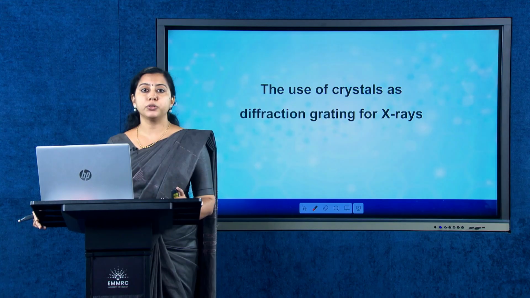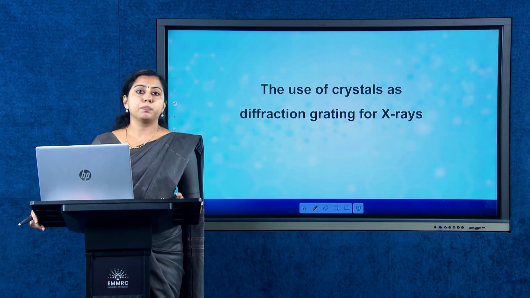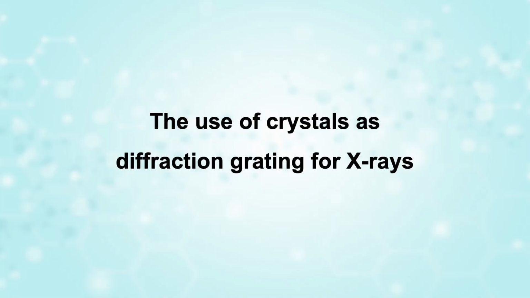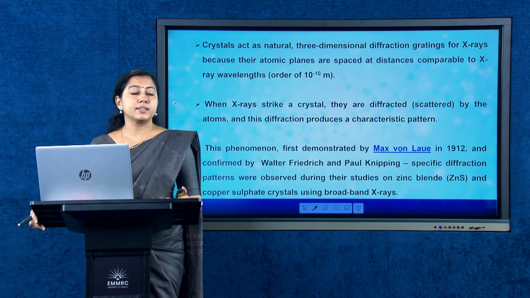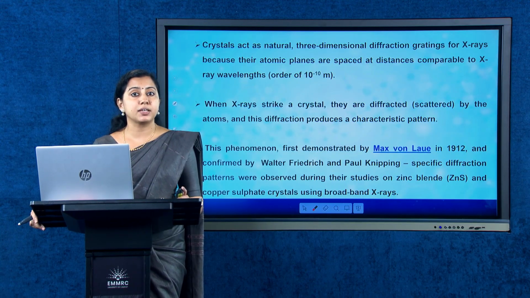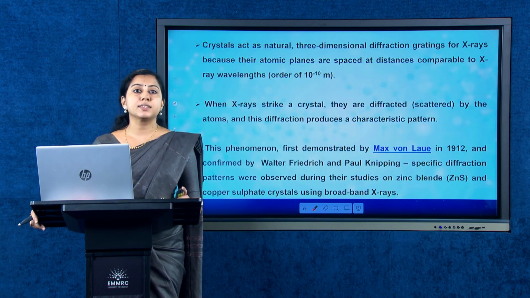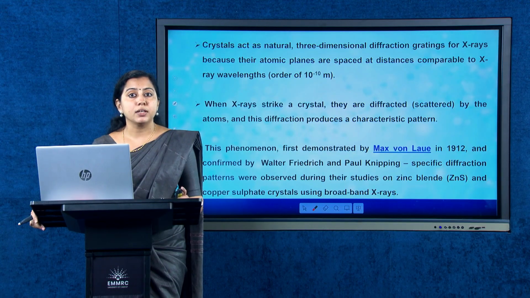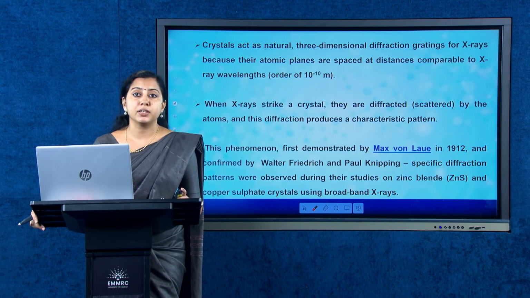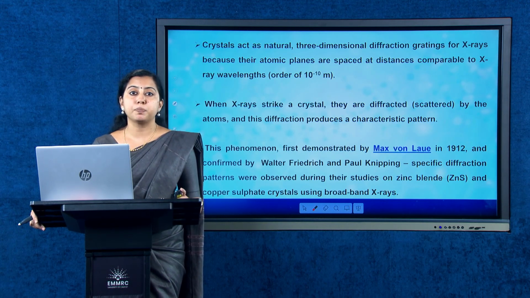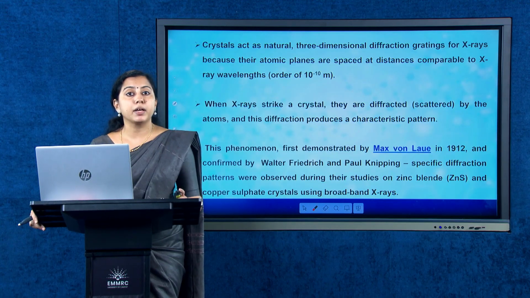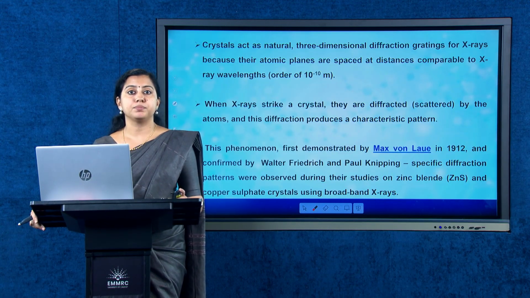Now, we will move on to today's session, and today's topic is the use of crystals as diffraction grating for X-rays. We have seen, while discussing the nature of a crystalline solid, that crystals can act as natural three-dimensional diffraction gratings for X-rays because their atomic planes are spaced at distances comparable to X-ray wavelengths.